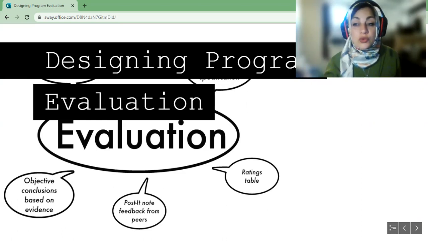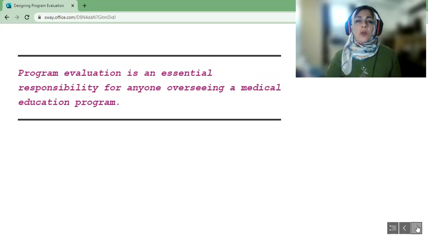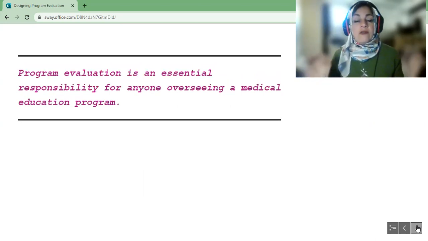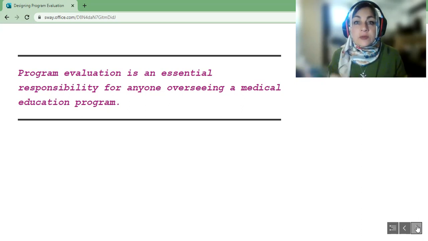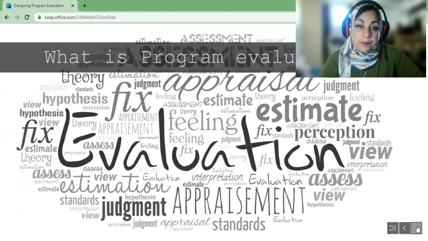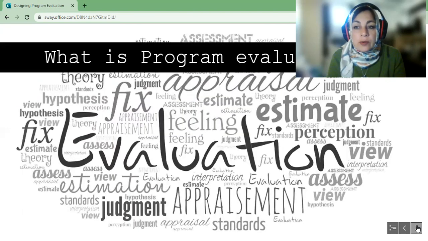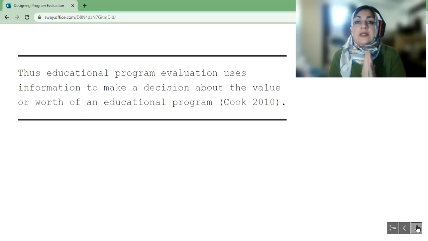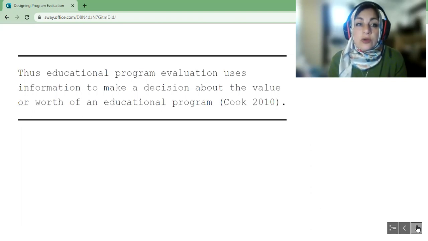So what do we do regarding program evaluation, and why are we speaking about this topic? Well, you see, program evaluation is an essential part of education, and it is the responsibility of everyone working in the medical education program. What is program evaluation? Well, simply evaluation of the program.